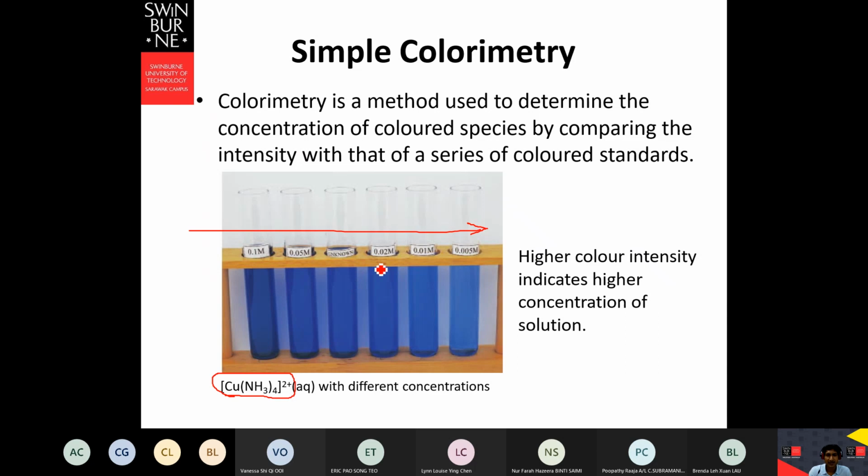So on this side it is absorbing more, but on this side it is transmitting more. Let's say this is number 1.